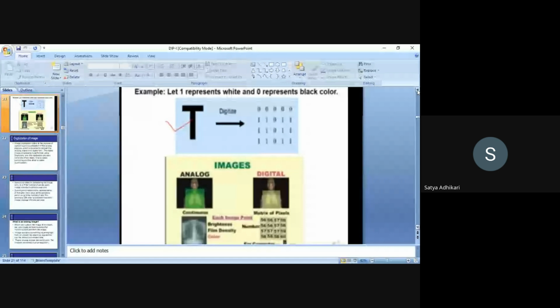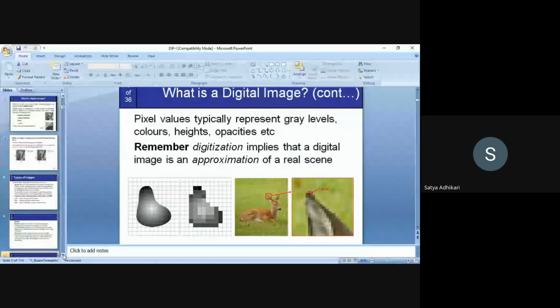So you see the pixel values 56, 50, 17, 56. These are the different pixel values, but within the range 0 to 255.